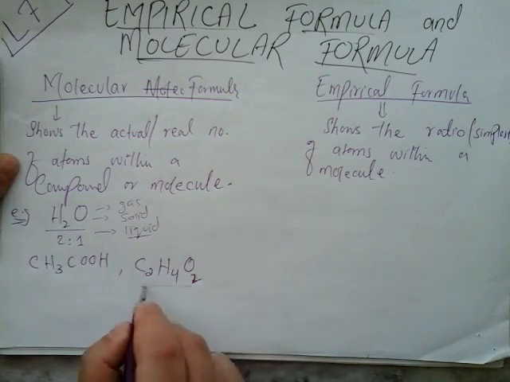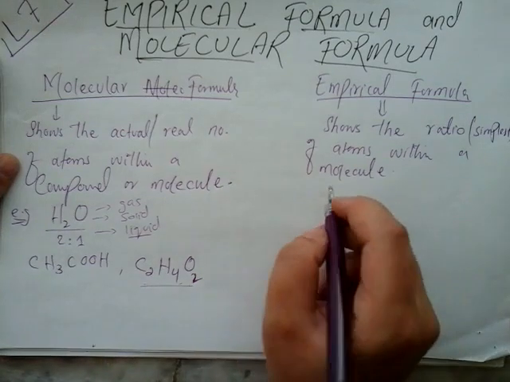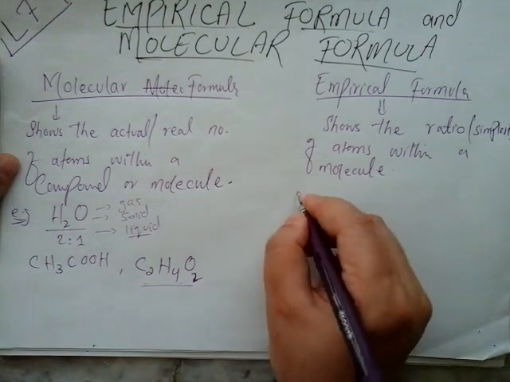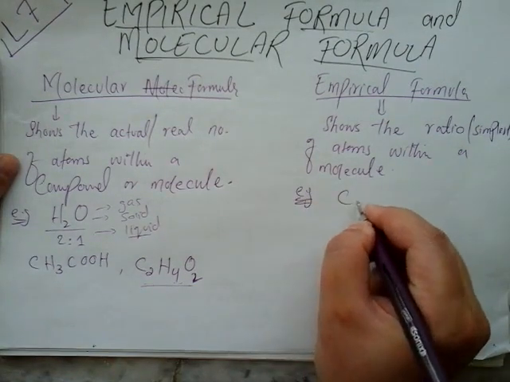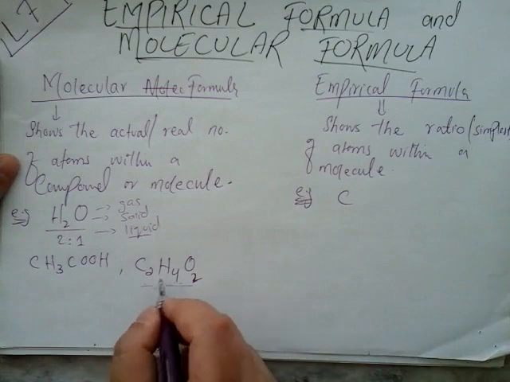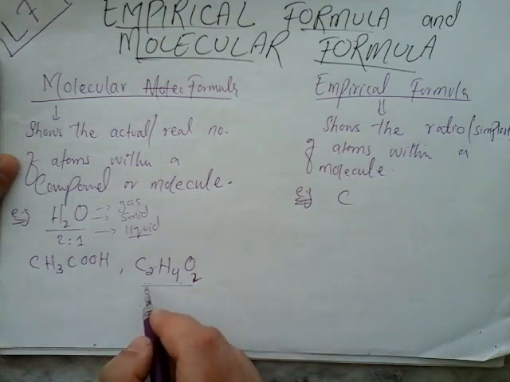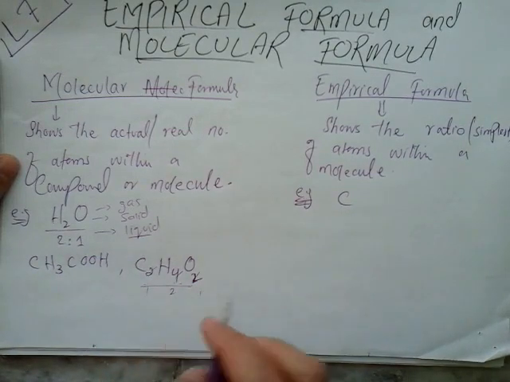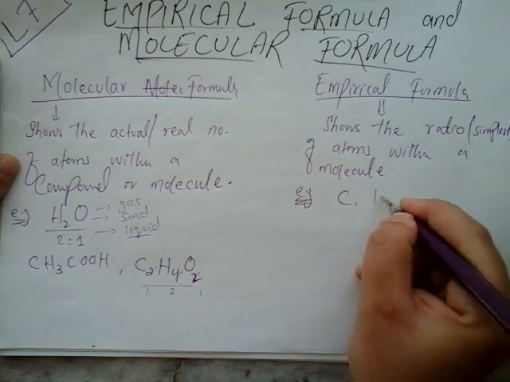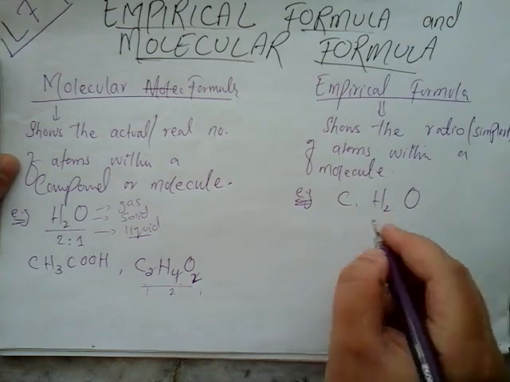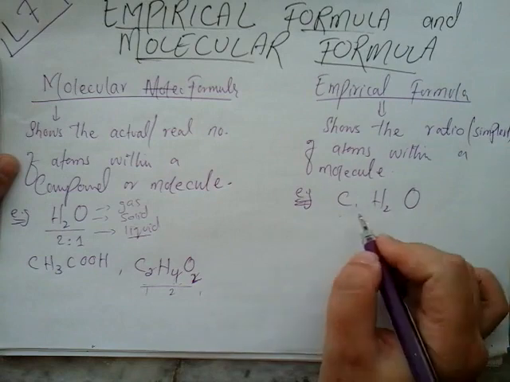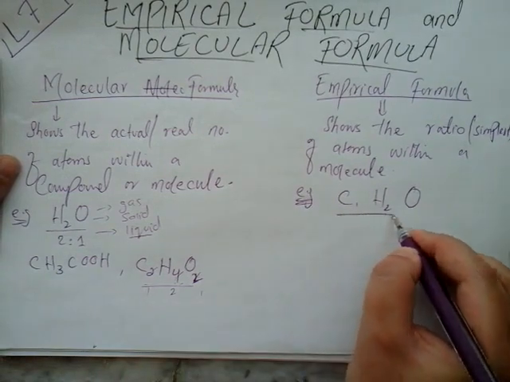But if I want to write this as the empirical formula, I will simply write the simplest ratio: C1, H2, O1. So the empirical formula of acetic acid would be CH2O.